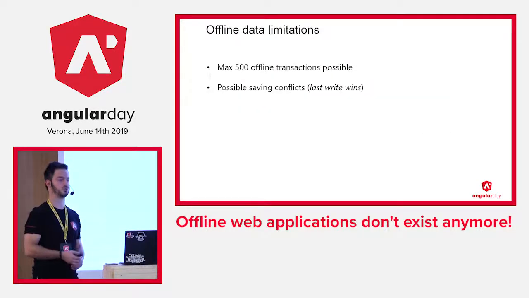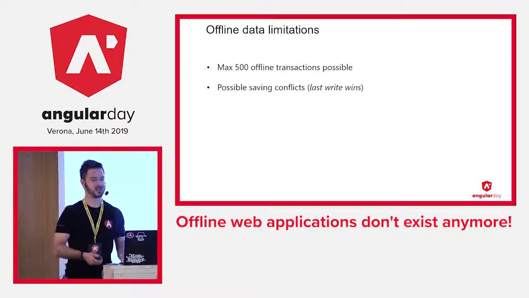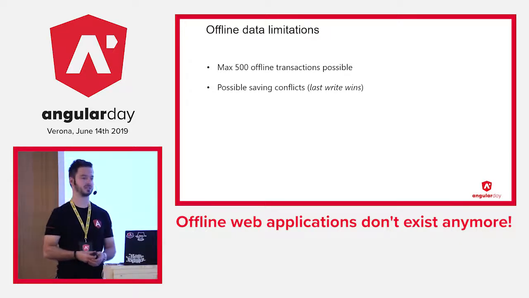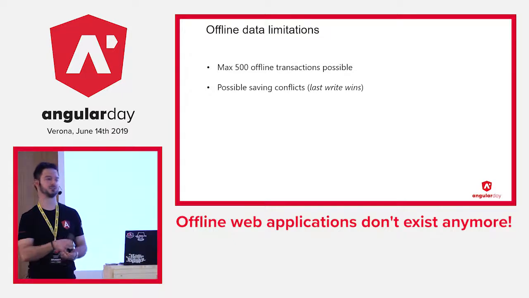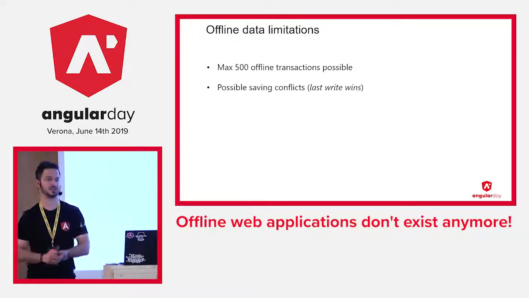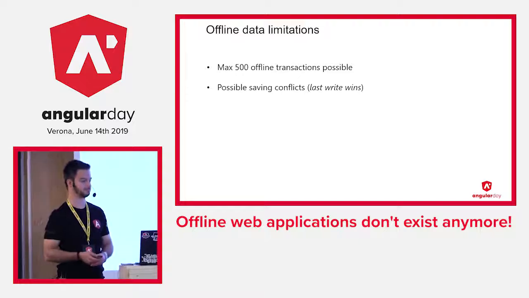We have to mention that there are some limitations. The first one, by design, is that we can have a maximum of 500 offline transactions. This was by design because this kind of functionality is not meant to be used over a longer range of time, for weeks, but only for short times when we don't have connectivity available.